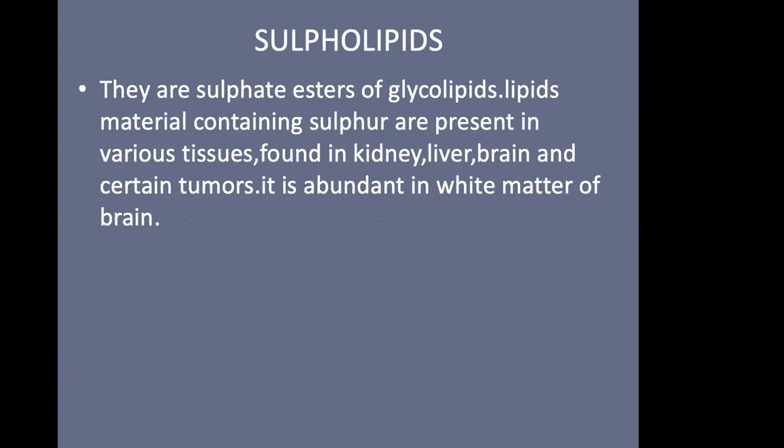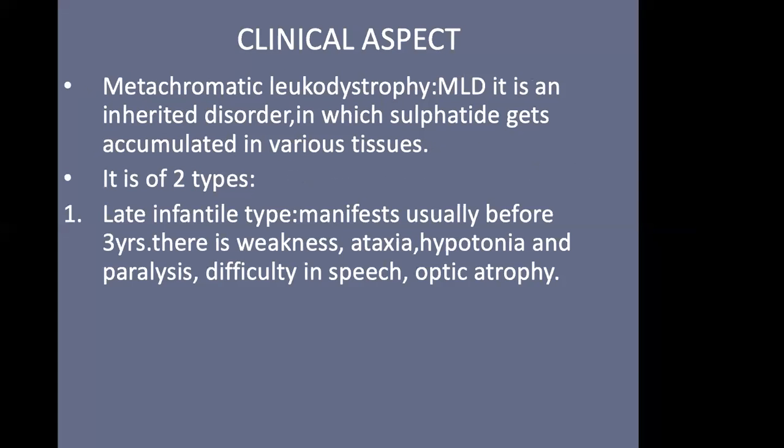Now, sulfolipid. This is also a subgroup of glycolipid, they are sulfate esters of glycolipid. Lipid material containing sulfur is present in various tissues, and its metabolic defect is called metachromatic leukodystrophy, in which the sulfatide accumulates in various tissues.